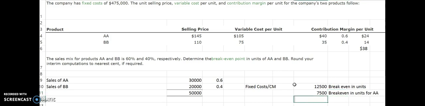And then we're going to take that same 12,500 times 40%, and that will represent our break even in units for BB. So the total break even is 12,500. Then we multiply that by 60% to find out that break even in units is 7,500 for AA and break even in units for BB is 5,000.